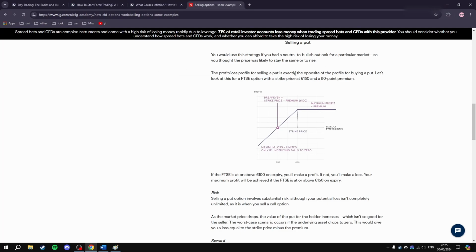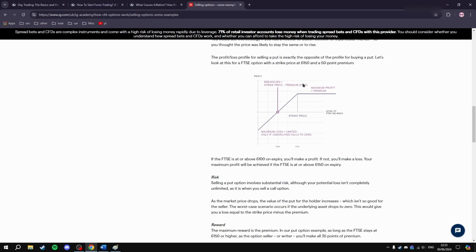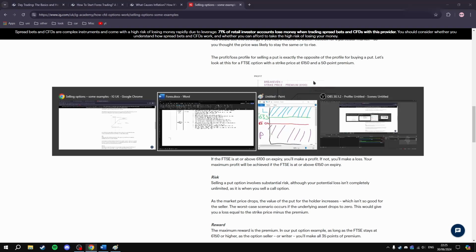So a neutral to bullish outlook for a particular market. The profit loss profile for selling a put is exactly the opposite of the profit loss profile for buying a put. Let's look at the FTSE option with a strike price of 6150 and a 50-point premium.